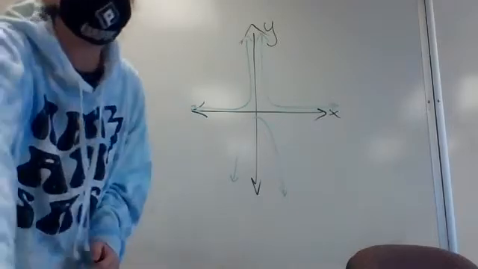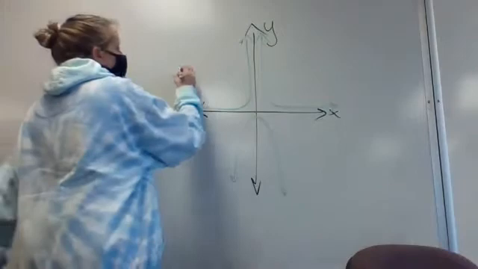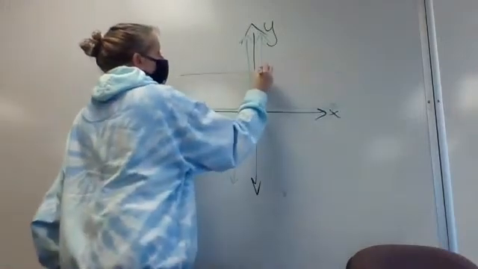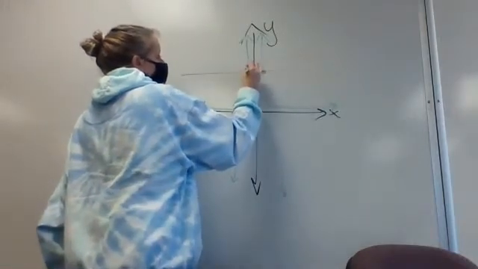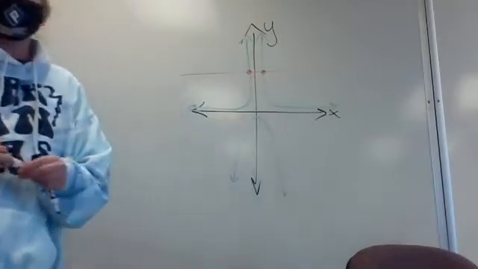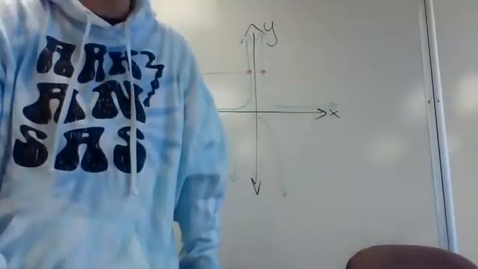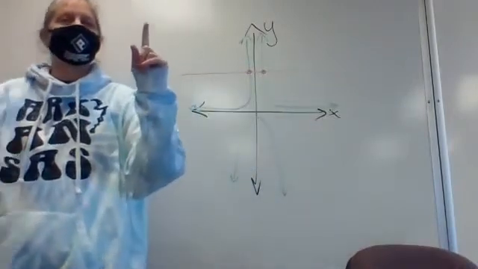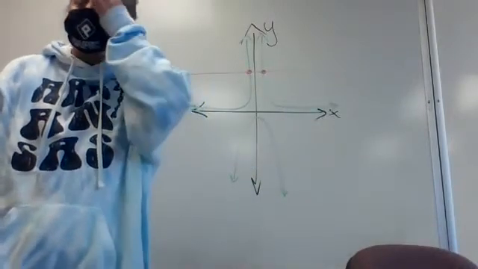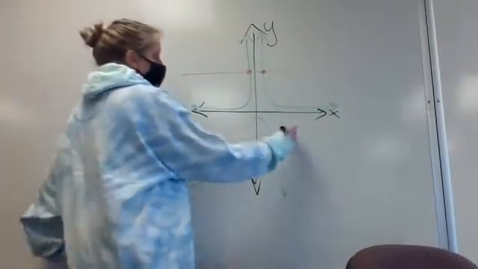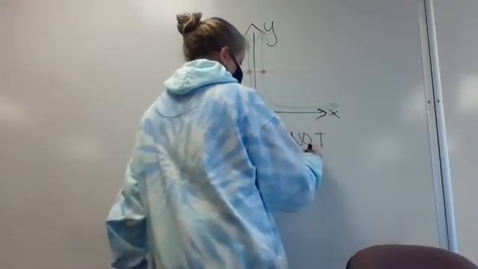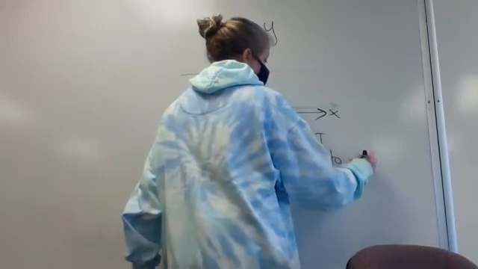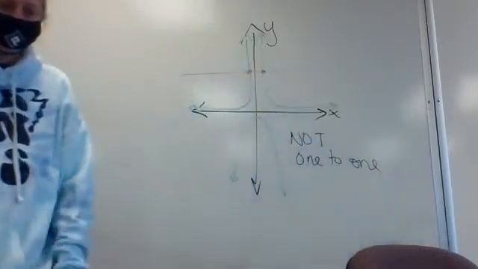If you could draw a horizontal line and it touches your graph more than once, then it is not a 1-to-1 function, right? For a 1-to-1 function, a horizontal line would only touch the graph one time. So this one is not 1-to-1.